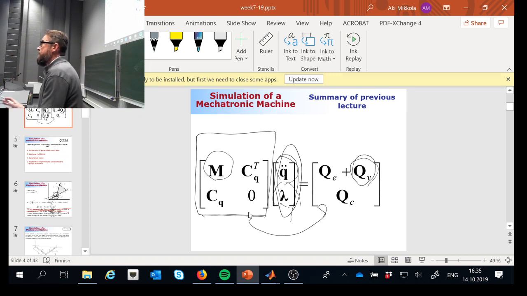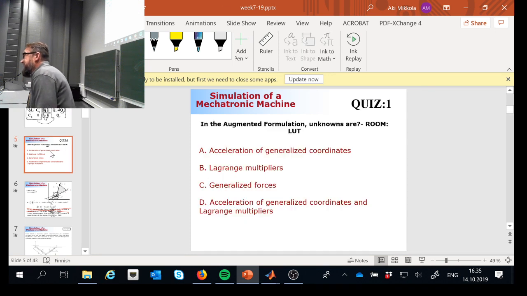Once doing that, it becomes clear that what we're going to solve is the acceleration of generalized coordinates and Lagrange multipliers. So we have two sets of unknowns, not one but two. So the correct answer was D.